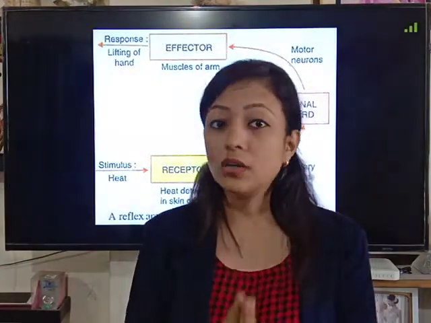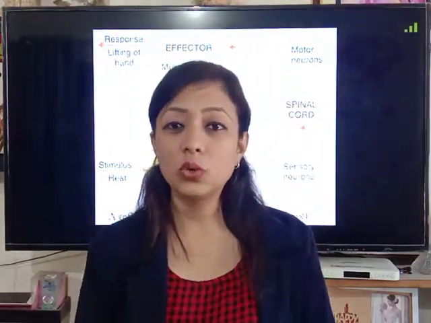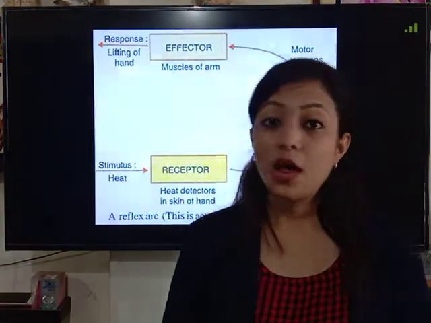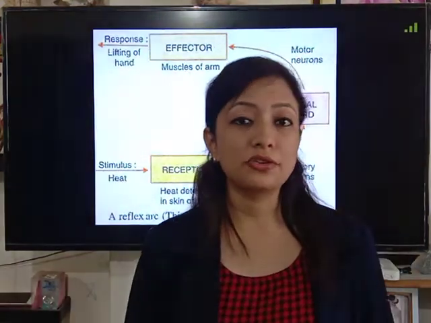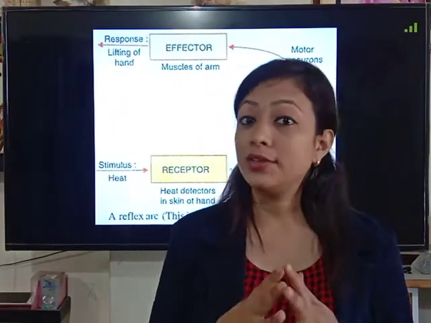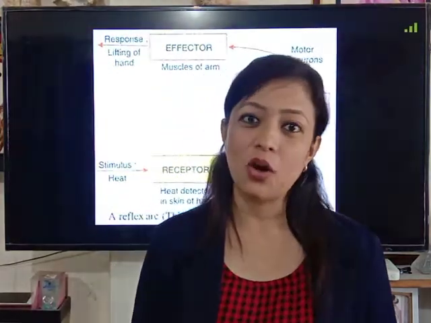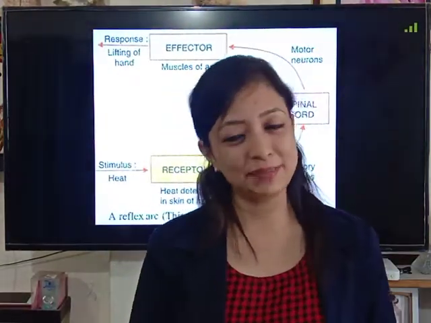Now in not all reflexes both the parts of CNS are involved. There are some reflex actions which involve only the spinal cord, while there are some reflex actions which involve brain alone, and there are some reflex actions where both the parts of central nervous system are involved, that is brain as well as spinal cord.